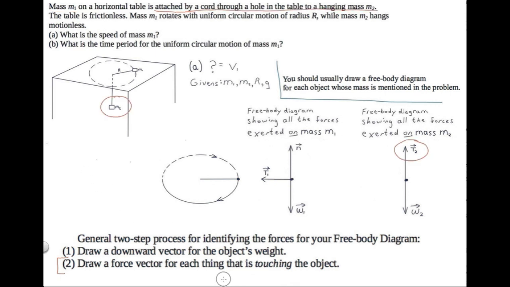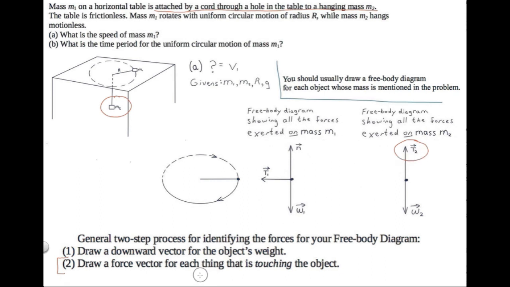Next, now we ask, what is touching mass m2? Well, object 2 is being touched by the cord, which exerts a tension force on object 2. Notice that we use the subscripts 1 and 2 to distinguish the tension force exerted on object 1 from the tension force exerted on object 2.